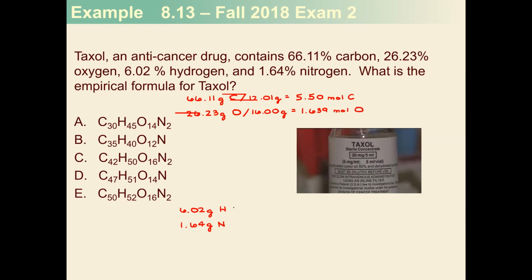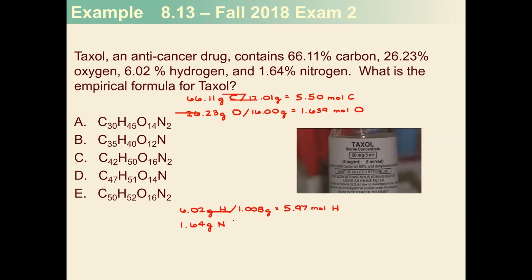For our hydrogen, we are going to divide by 1.008 grams of hydrogen, and you should get a value of 5.97 moles of our hydrogen.